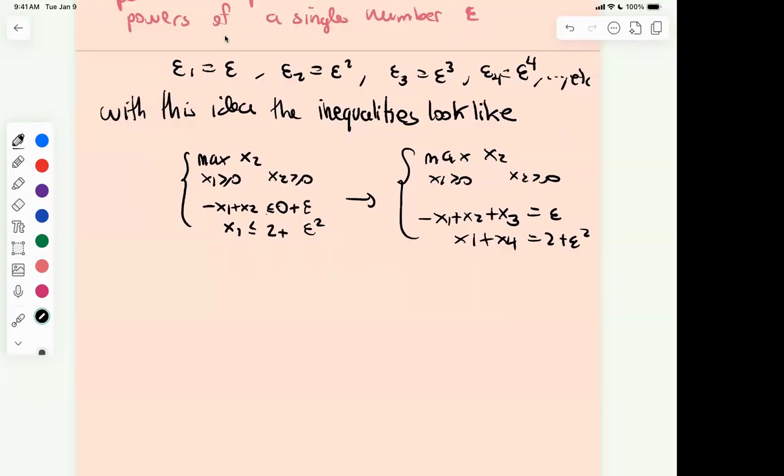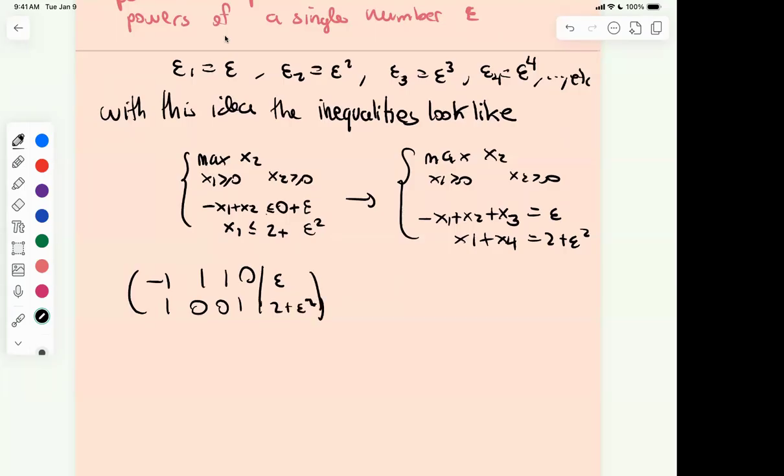And again, as usual, you read off the coefficients of the equations into the matrix. So the last two give you -1, 1, 1, then epsilon, and then 1. Oh, sorry, I need a column for the last one. 2 plus epsilon squared.